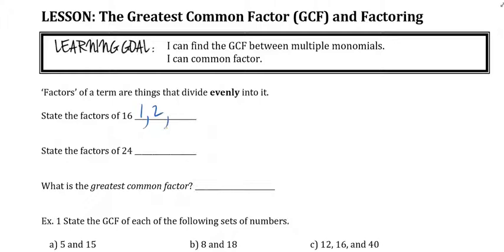Good, so 3's no good. What about 4? Does 4 go into 16? Yes, it does. 4 times 4. Then 5, 6, 7, 8. And when you get better at this, you get to a point where you know there's nothing else. 8 is half of 16, so there's not anything else until we get to 16, right?